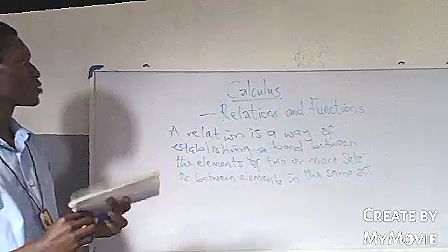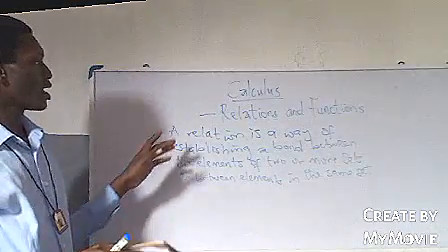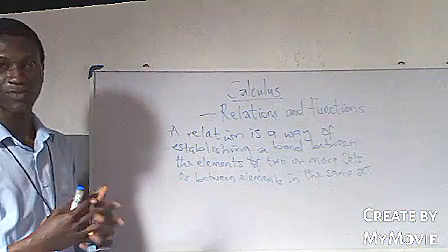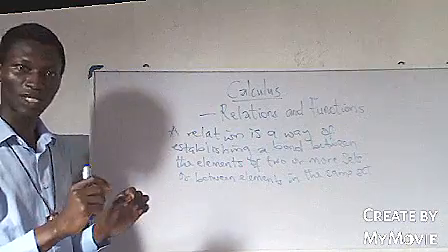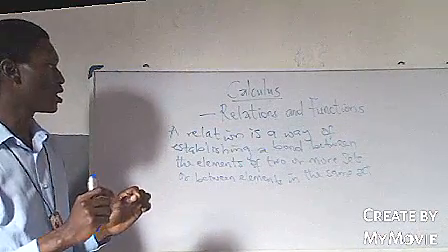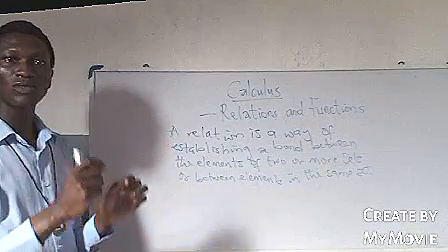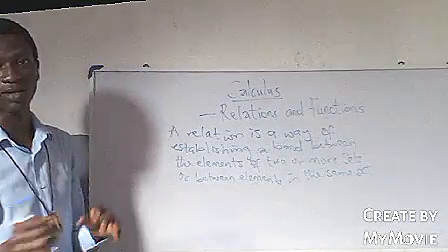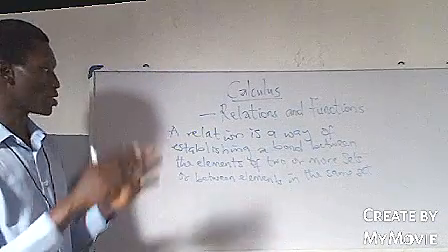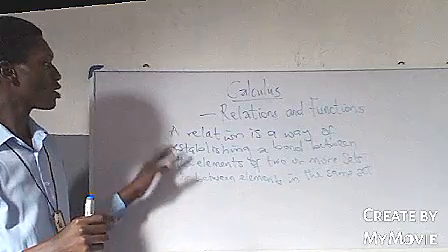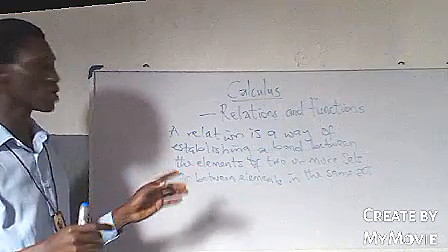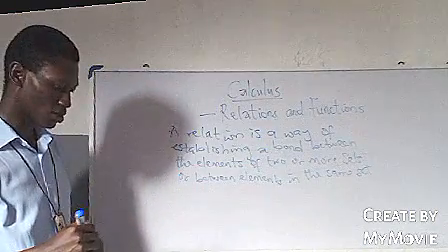So when we speak of relations, we are talking about establishing a bond, that is, members of a particular set, for example, members of a family, and how those members are related to members of probably another family or a small family. So elements of a set can be related to elements of another set.